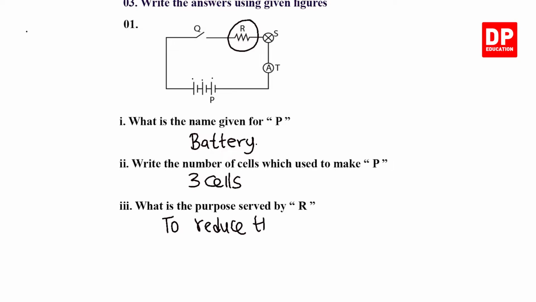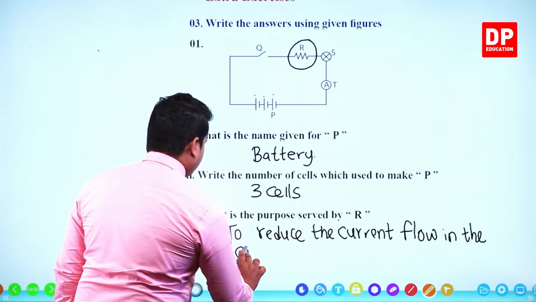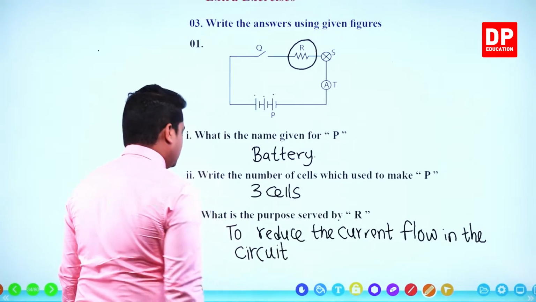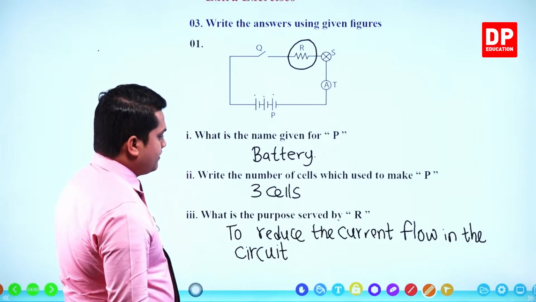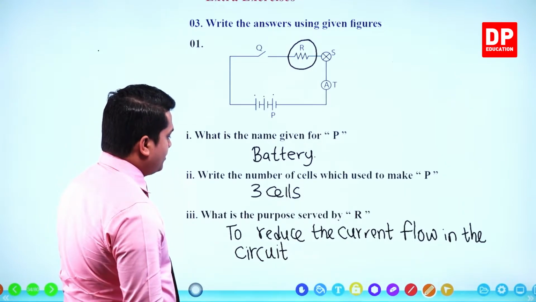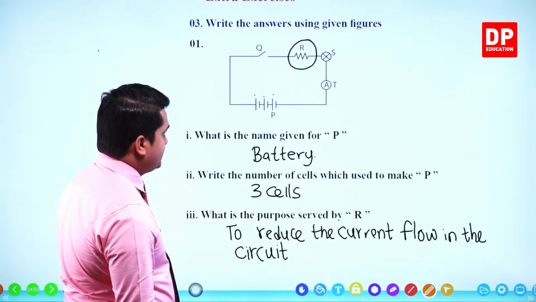To reduce the current flow in the circuit, we use the instrument called R, or the resistor.